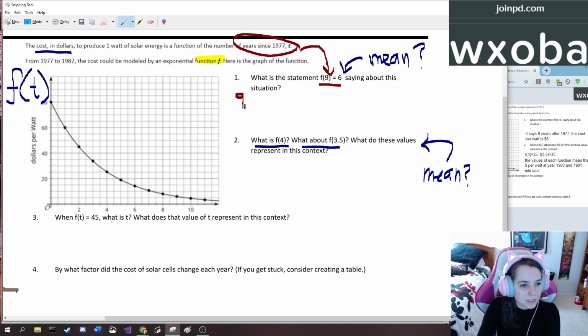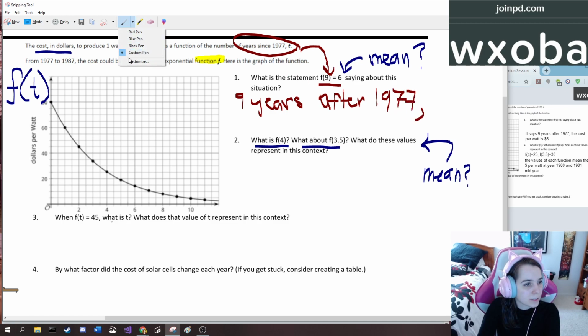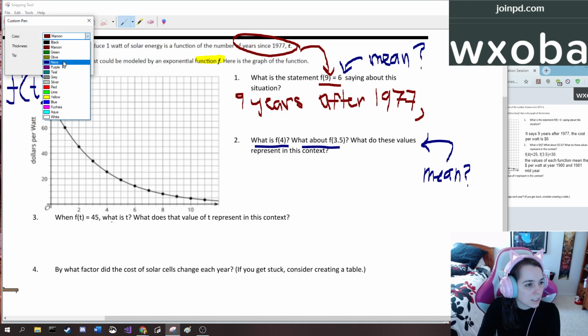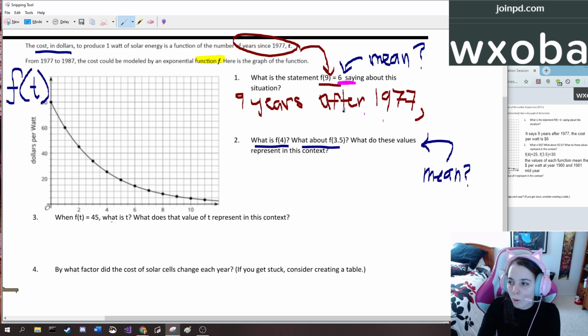So this represents 9 years after 1977. So 9 years after 1977, the cost of watts is going to be $6.